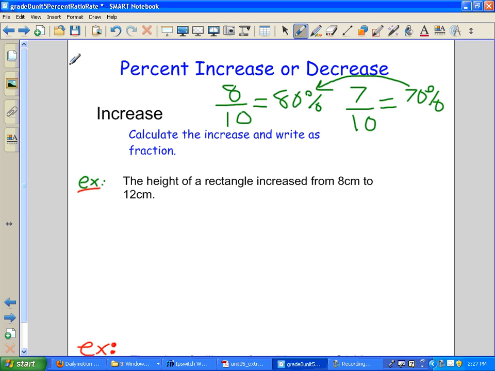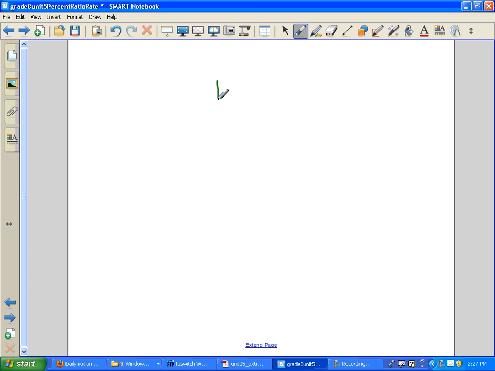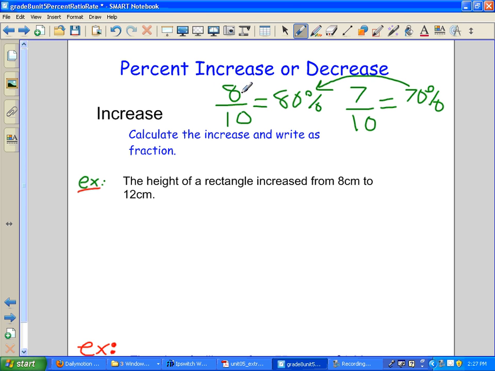Now, if you were to try to work that out, how much did I go up in terms of my marks? Well, I went up 1 mark. So I was an increase of 1. So I increased 1 out of the original number, I've increased 1 out of 10.